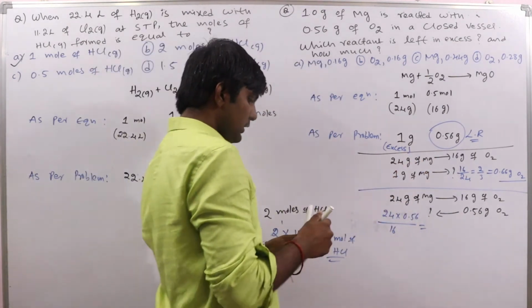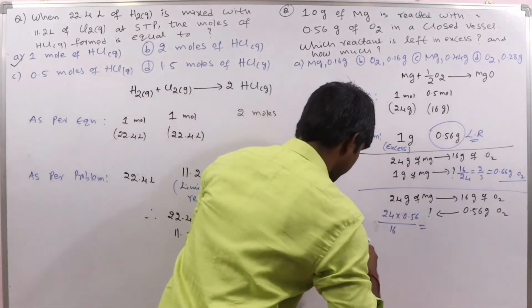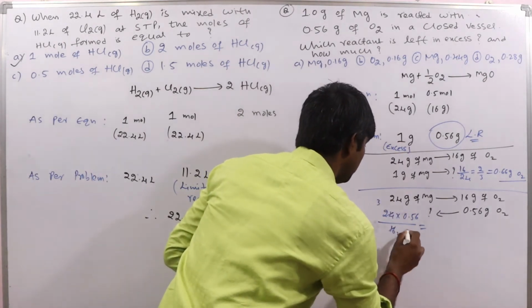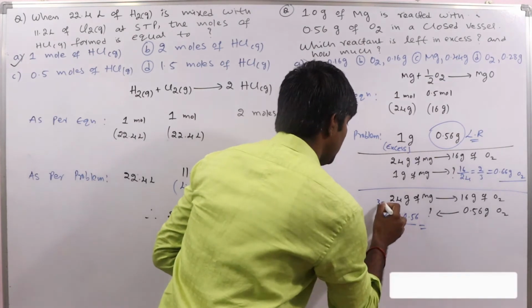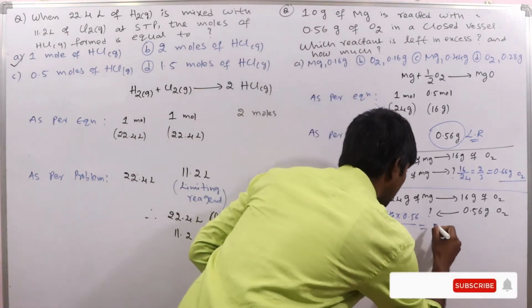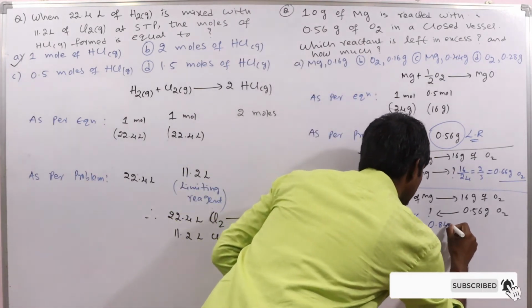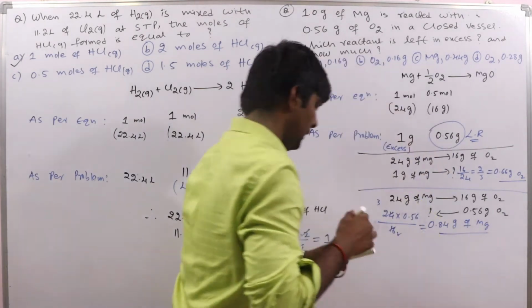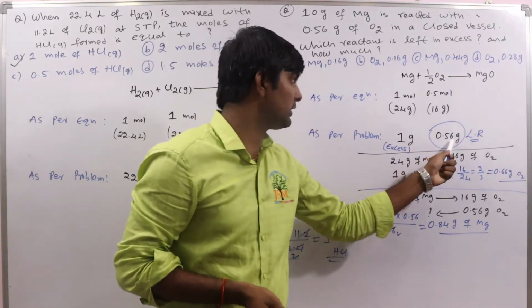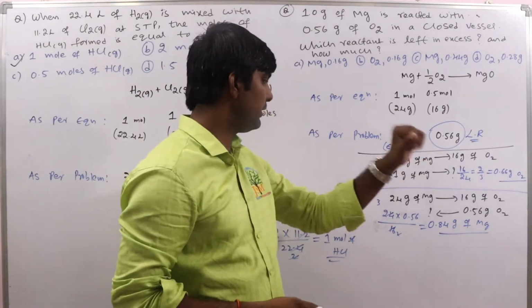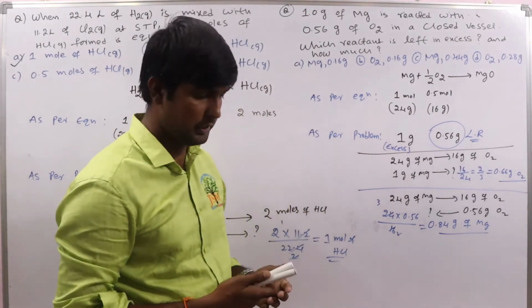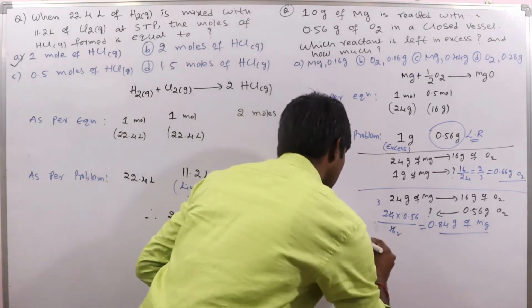If you simplify this, 8 threes are 24, 8 twos are 16, so here 3 by 2, nothing but 1.5. After simplification we get 0.84 gram of magnesium. So for 0.56 gram oxygen, 0.84 grams of magnesium is sufficient.